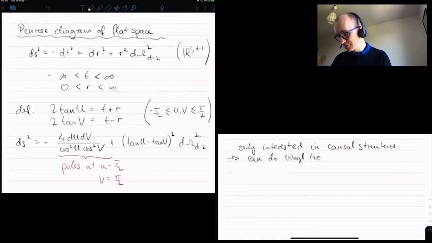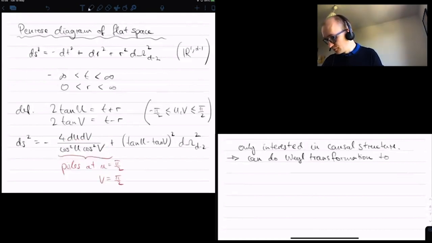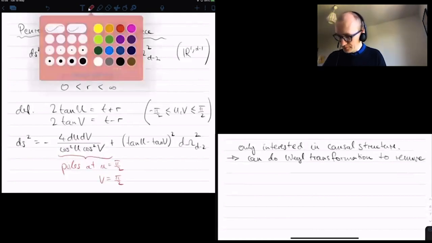This is a bit of a formal thing, but you can convince yourself that a Weyl transformation preserves the causal structure, it preserves local light cones. And if all you're interested in is to have things at a finite distance and preserve the light cones, then you can just get rid of such factors by doing a Weyl transformation. You can do a Weyl transformation to remove the poles.